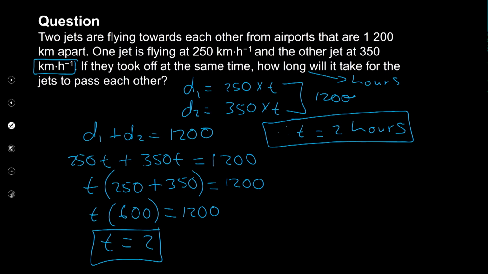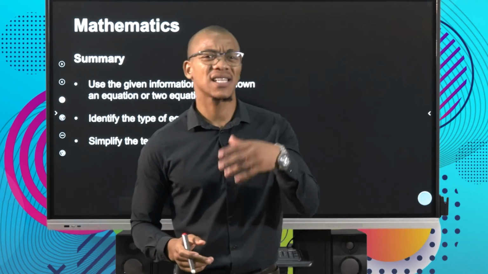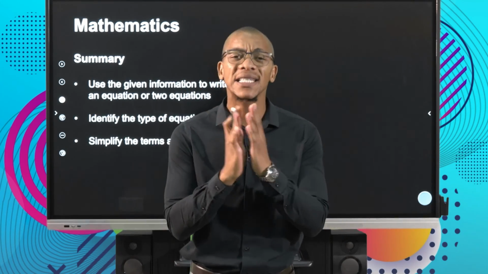Now, guys, to quickly summarize everything that we've looked at thus far, always make sure that you use the given information to write down the equation or the two equations. Now, I normally see people ignoring some things that we give them in the statement and they think they are not important. Please understand me.